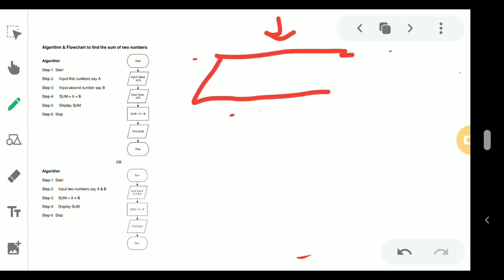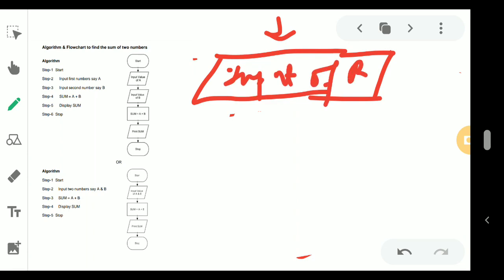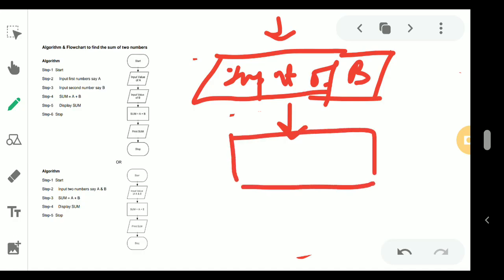Then there is another parallelogram taking the input of b. We have taken the input of b. When there is an operation like sum, addition or subtraction, we use the rectangle box. So we write sum equals a plus b.